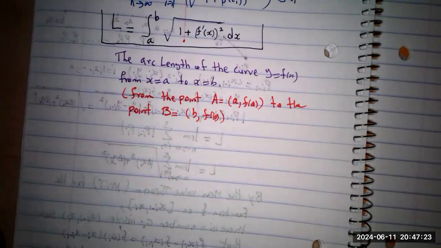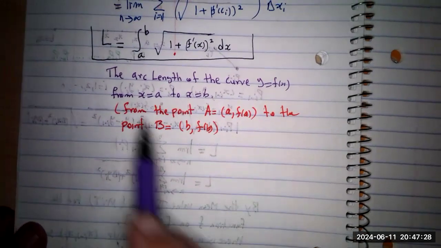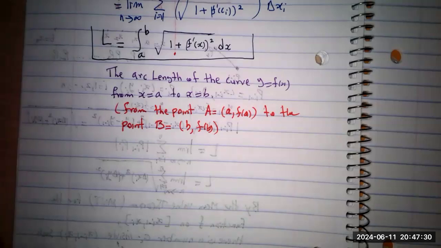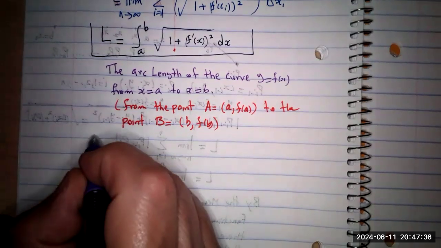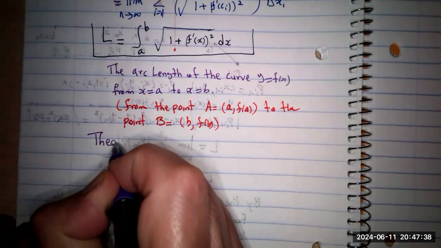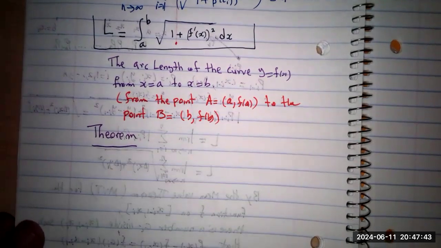So this would be the conclusion for the formula for the arc length, but the condition that we talked about has to be satisfied to be able to do it. So what I did really, I just proved a theorem for you, or you can just call it a definition.